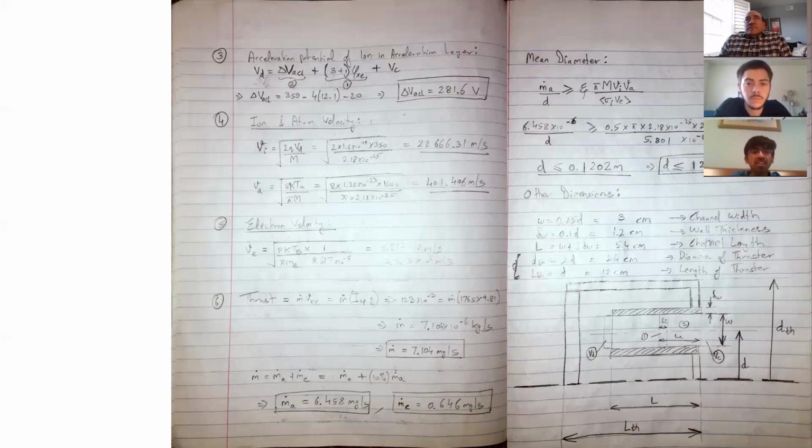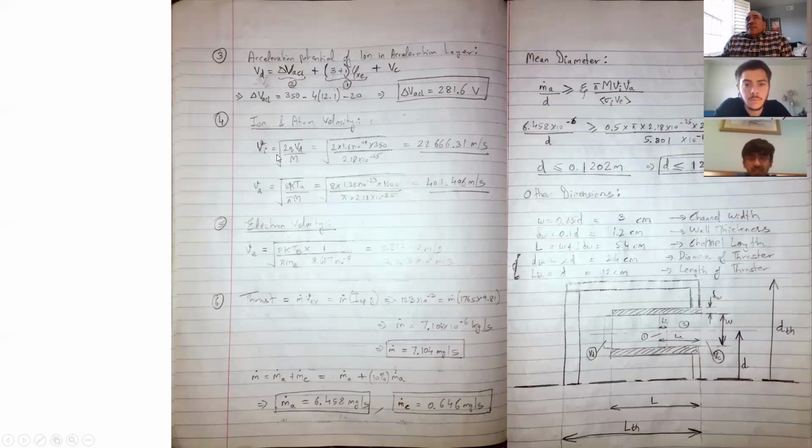So the ion velocity is basically, how do I get this root of 2qV over m? If you take everything to the other side, it turns out to be half m v squared equals qV. That's the equation. But this V should be only the acceleration potential. It should not be 350.